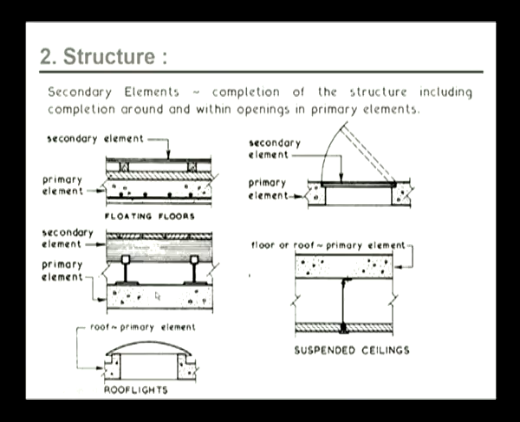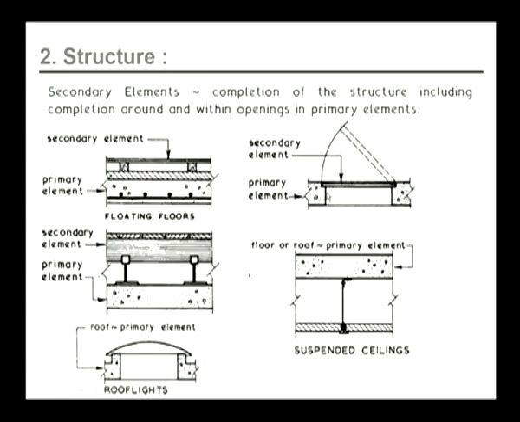This is the RC slab of the floor, so we call it as a primary element, and this is the finish of the floor, including the framing members of the finish. So these collectively are called as secondary element. Then we come to the roof lights. The roof, as we discussed earlier, is a primary element, but the roof lights come as a secondary element.